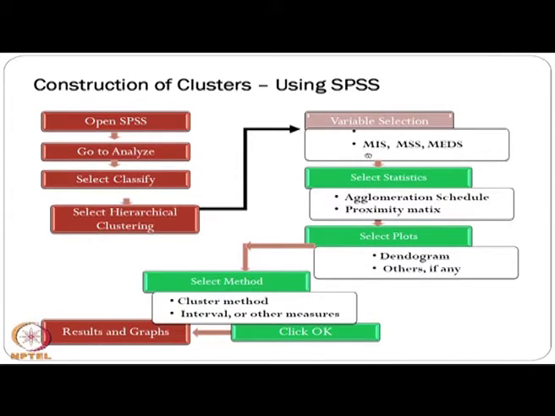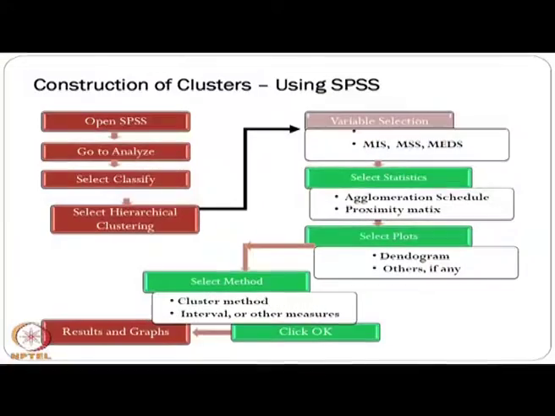We have given one example, that MIS, MSS and MEDS, that is mean incidence score, mean severity score and mean equipment damage score. Then there are many statistics available: agglomeration schedule, proximity matrix. Agglomeration schedule means starting from n clusters to 1 cluster, how it is moving up. What is the proximity matrix? And then you can select plot, dendrogram, and there are other plots, if you want any.